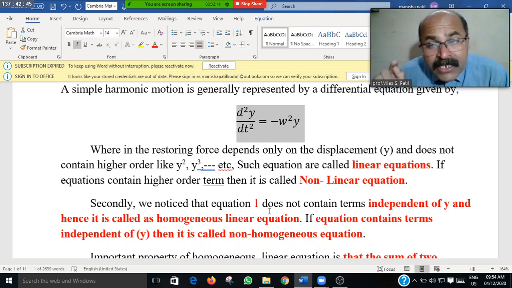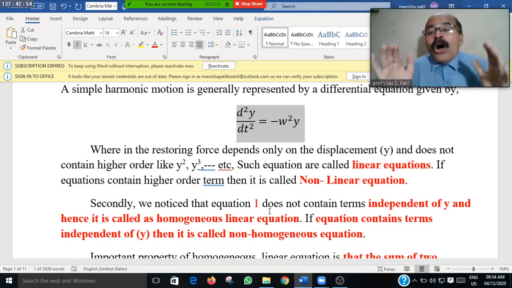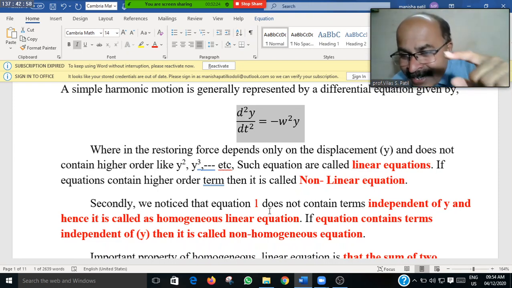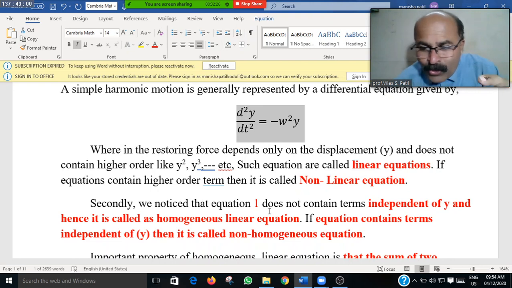The terms in the equation are not independent of displacement. All the terms are dependent on the displacement, and hence this equation is homogeneous.